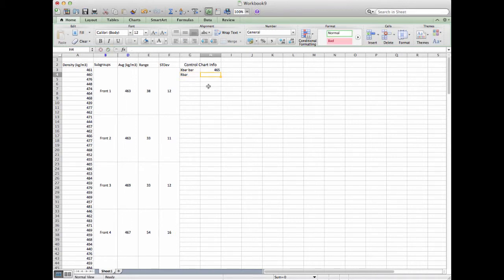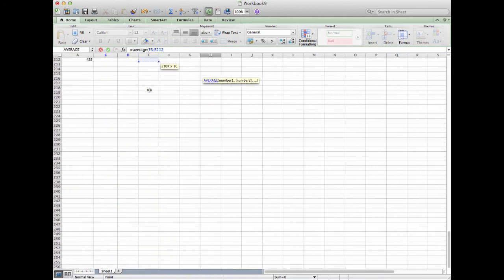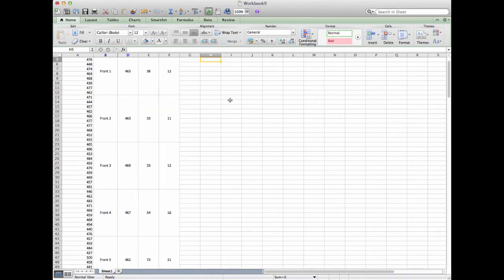Now I'm going to calculate my range average, or my R bar. And again, I'm doing this in order to calculate and create a control chart.